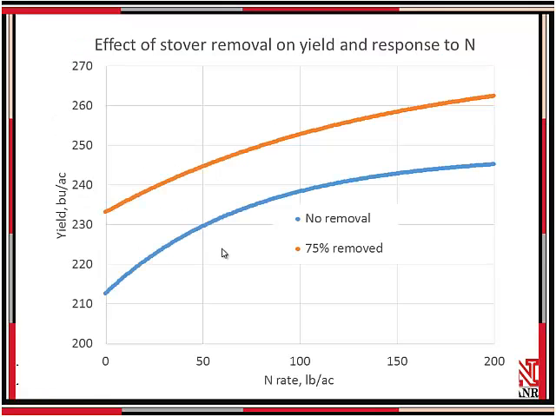And we haven't looked at many results, but this is from one of the sites. The upper line, the orange line, is where we had 75% removed, and the lower is where we had no removal. And there's a little bit of difference in the shape here, but it's too shaky evidence at this point yet to draw any conclusion.